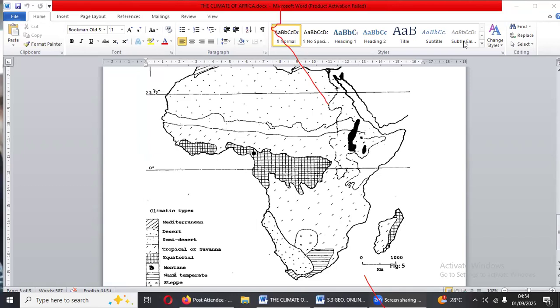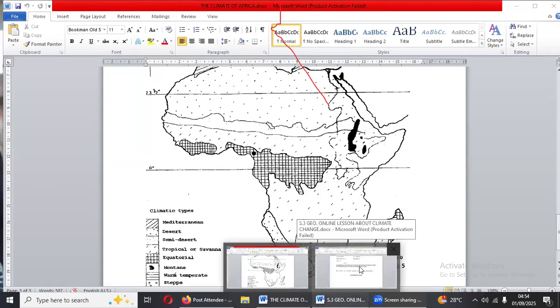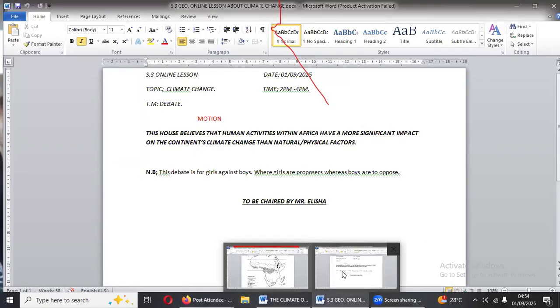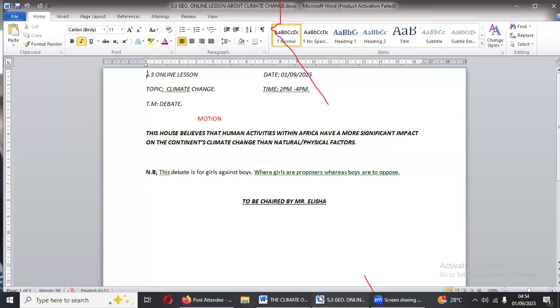Okay, the few people that have their microphones open can at least help us to move our motion. I do receive you, ladies and gentlemen, once again for our today's geography debate, which we already have here.